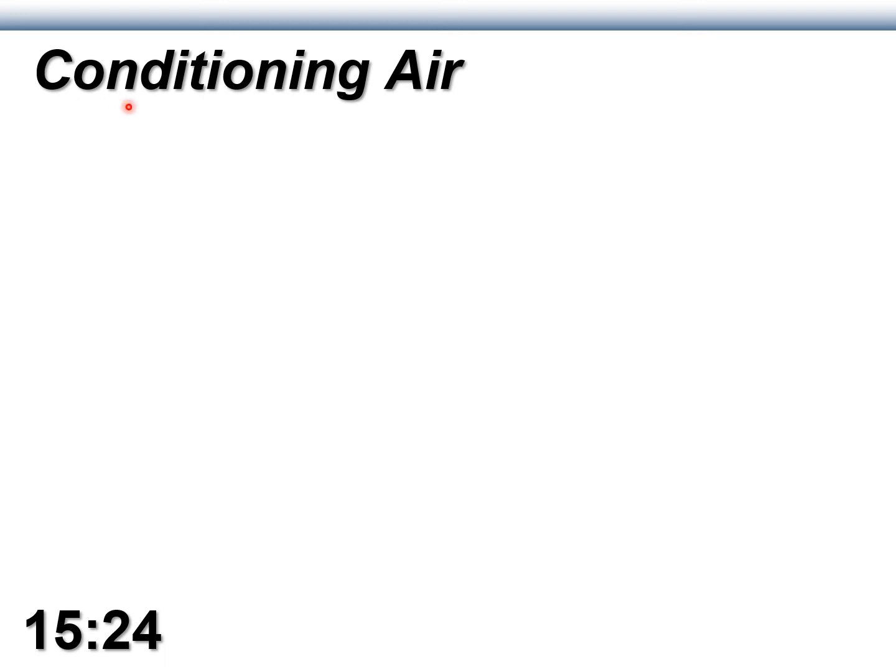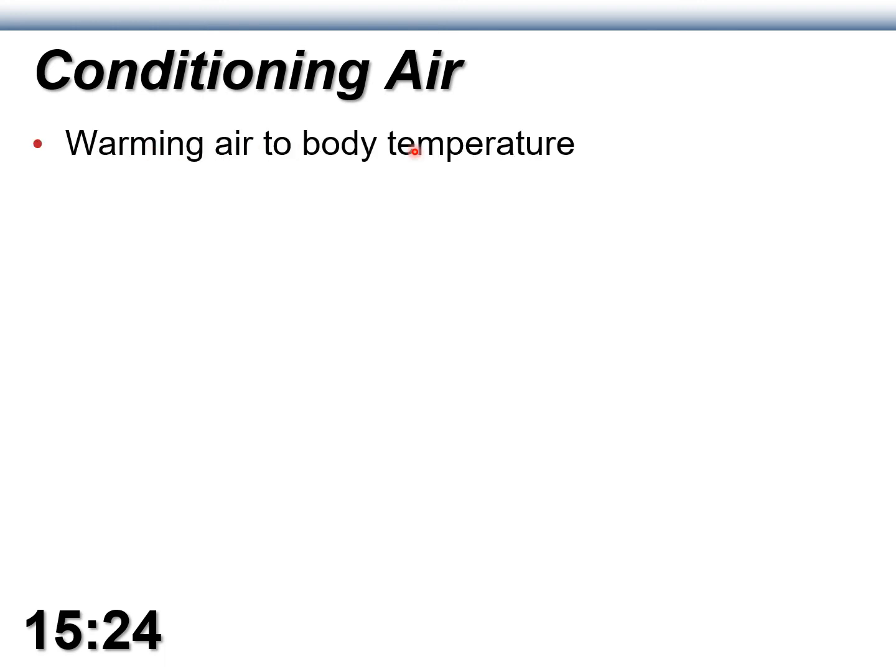We need to condition the air. Conditioning air, like an air conditioner, what we're doing is we're changing the temperature, changing the humidity of the air. Not necessarily lowering the temperature, but changing it to a more suitable temperature and humidity, and also filtering out potential irritants. So we're going to warm it to body temperature.